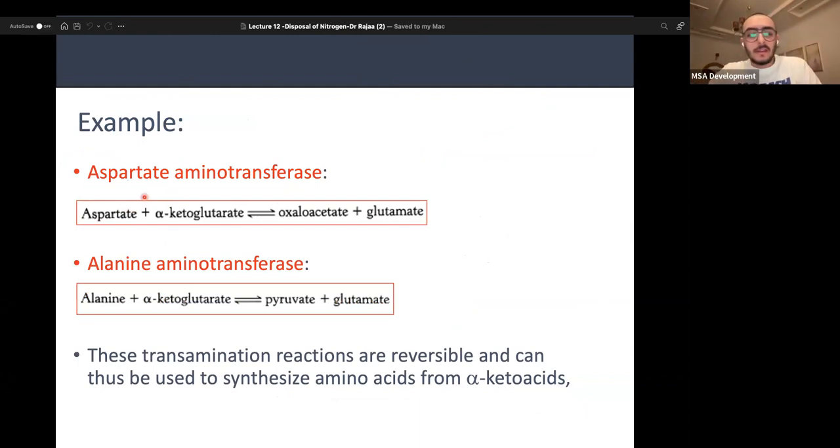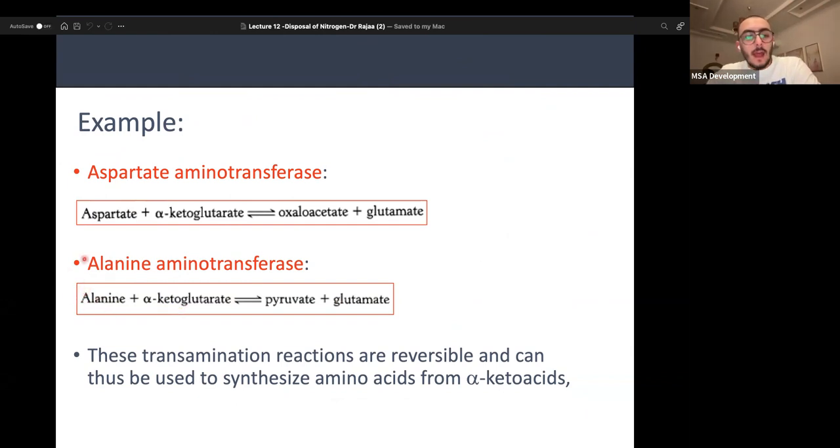We have two main examples you need to know, two main transamination processes: aspartate amino transferase and alanine amino transferase. For example, in alanine amino transferase, the amino acid is alanine, and the alpha keto acid is alpha ketoglutarate.